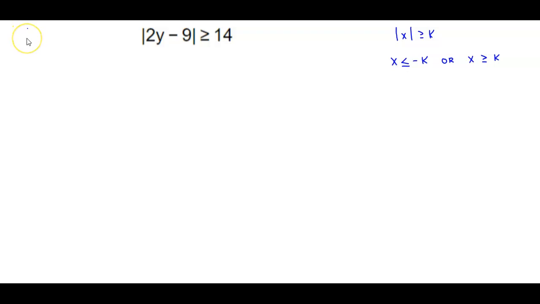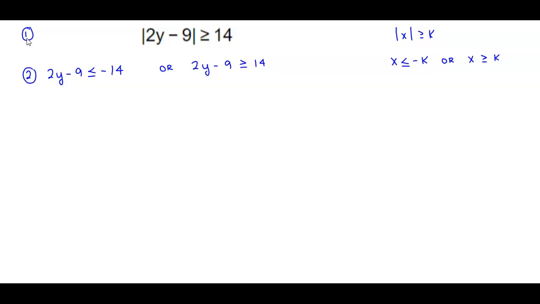So let's write out the definition here. So we have 2y minus 9, and we're going to say that's less than or equal to negative 14, or 2y minus 9, which is greater than or equal to 14.